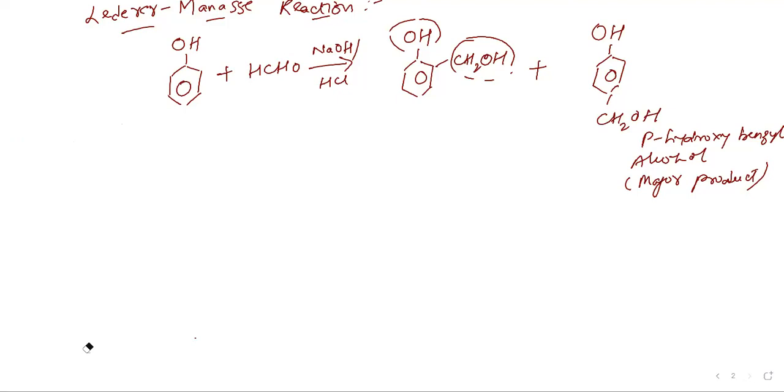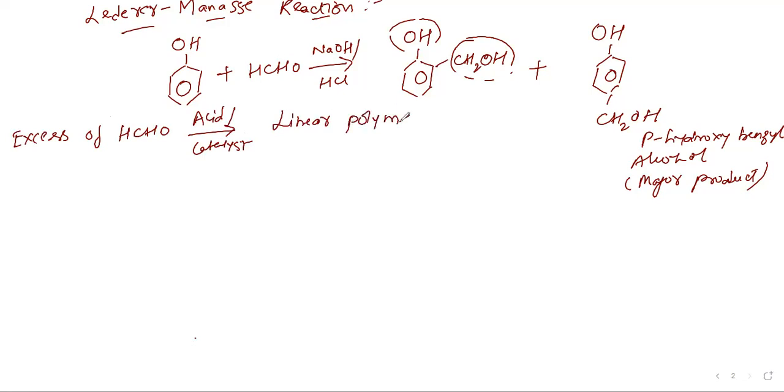If you take, say, excess of HCHO, formaldehyde, in presence of acid catalyst, it will form a linear polymer named Novolac.